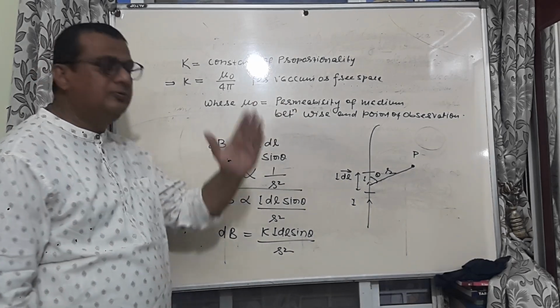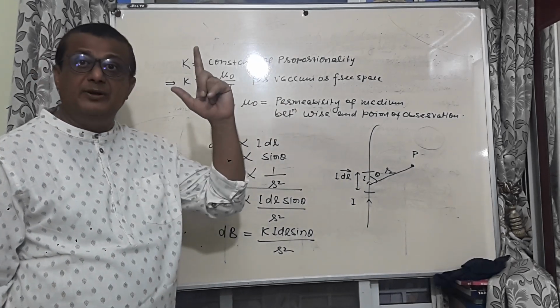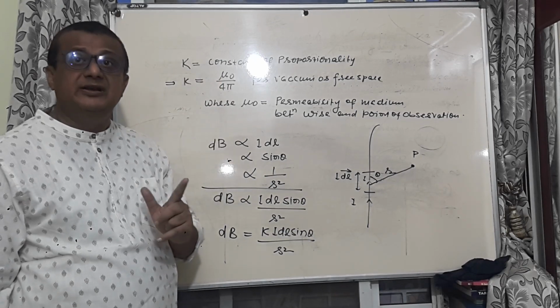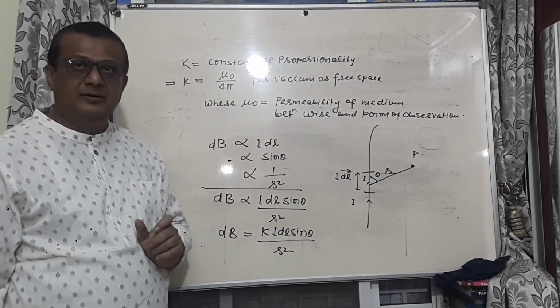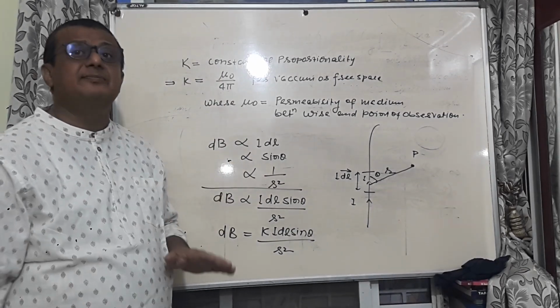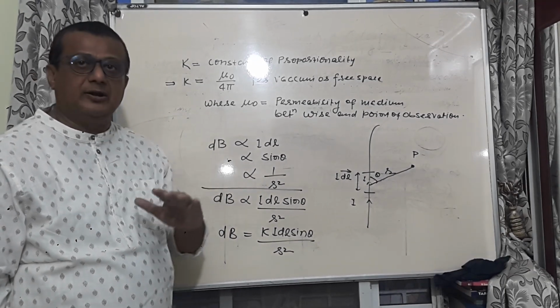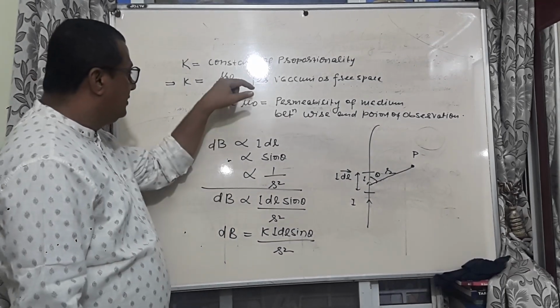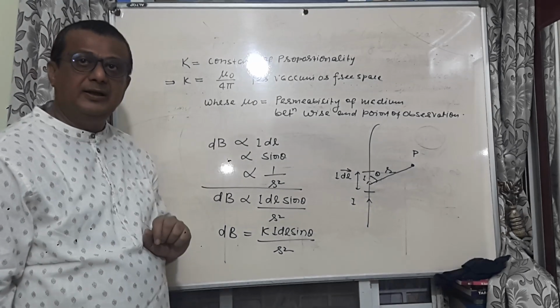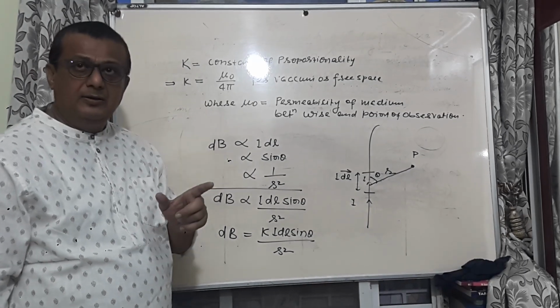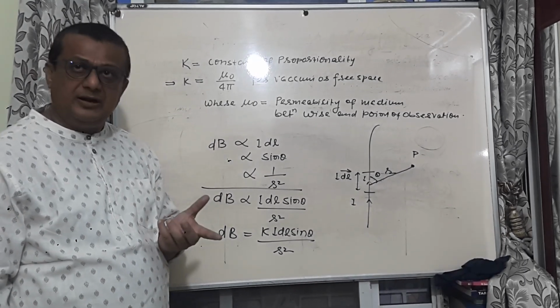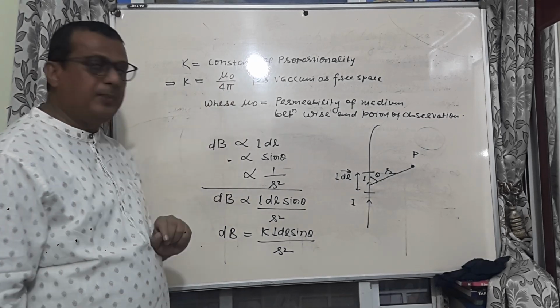It is similar to permittivity of the medium which was used in Coulomb's law. So both concepts are similar, not same, but similar. There was 1 by 4 pi epsilon naught there, but here it is mu naught by 4 pi.